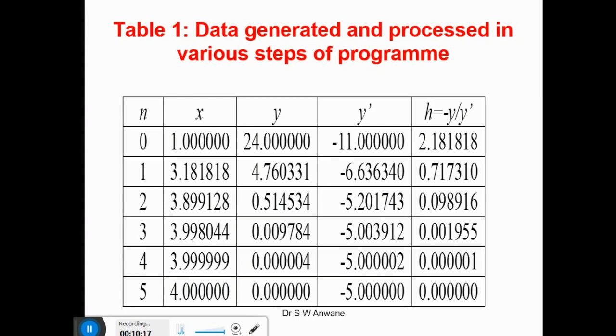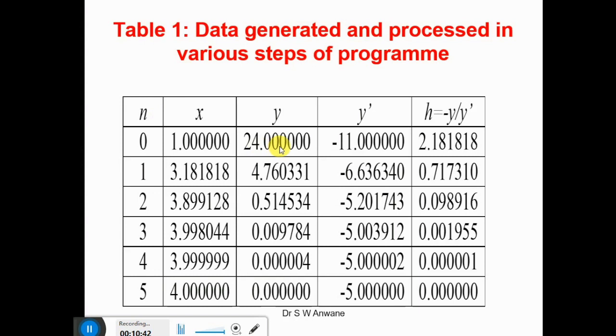Here I have already worked out a table for you which shows that in the first step my arbitrary start point is 1. Its corresponding y, which is y equal to f of x, we can calculate using the equation x square minus 13x plus 36. That turns out to be 24.